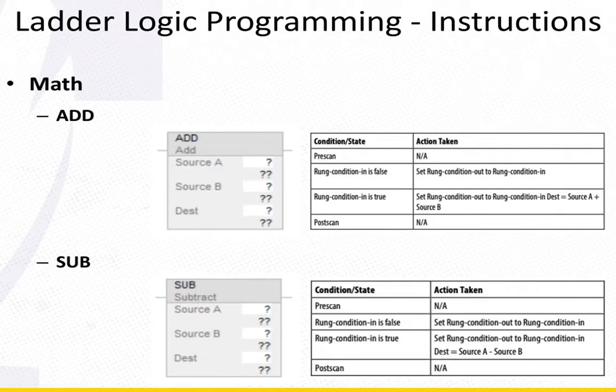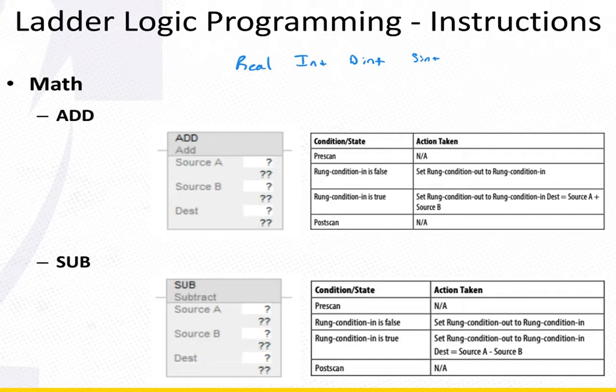Now I'm slightly glossing over something here, because we said this could either be an immediate value or a tag. But aren't there different data types? Like there's real, integer, double integer, referred to as dint, and others as well, like short int, sint.